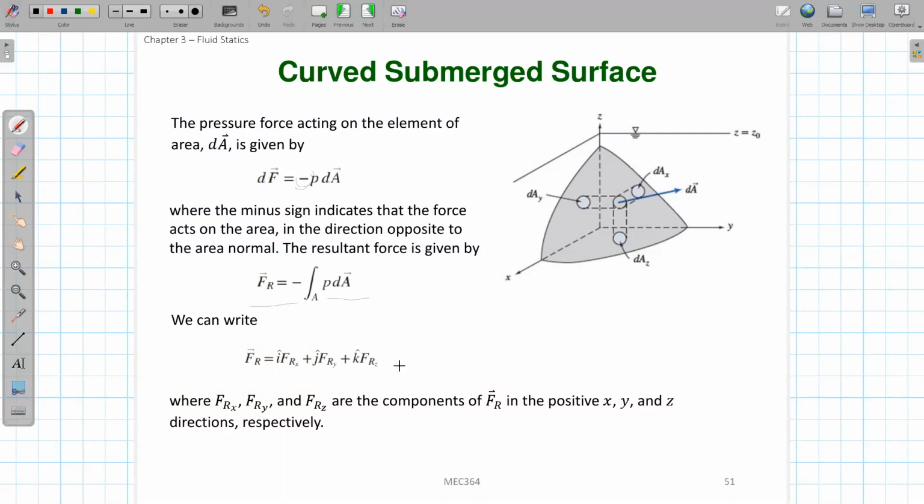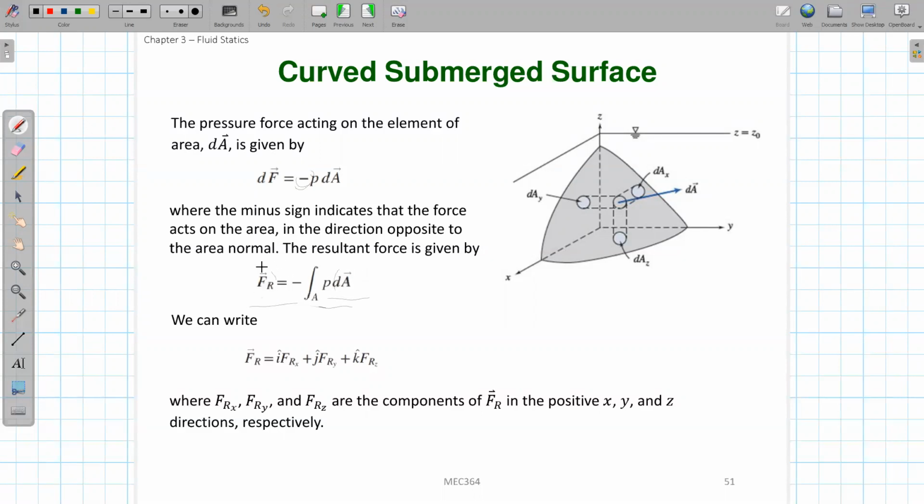Okay, but usually we don't do it this way, because it is not easy to directly integrate a vector over a surface. So what we basically do is write this vector, both for the force and area, in component form.